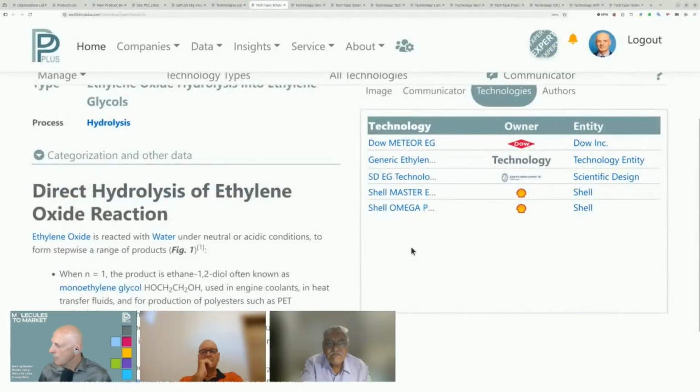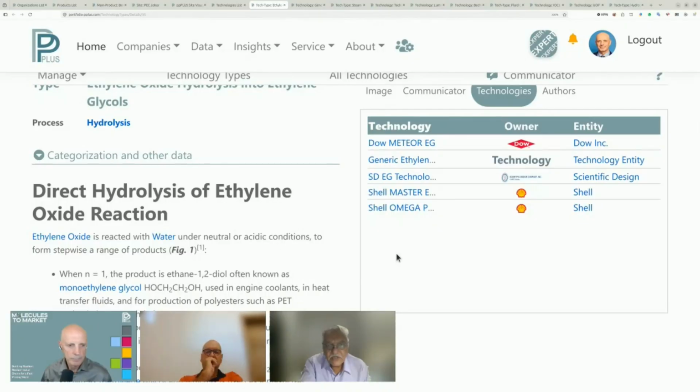Dow Meteor process. Scientific Design, Dow, Shell Omega, these are the main licensors. We've done license selection for this Meteor. So Dow is there, Scientific Design, Shell. Good. This is what we are also familiar with.